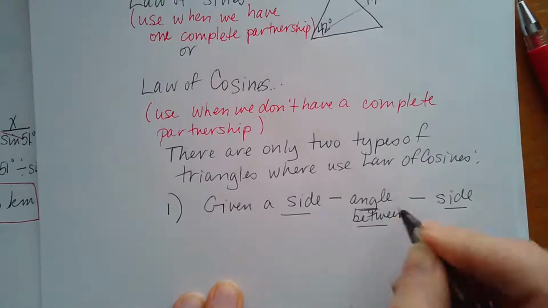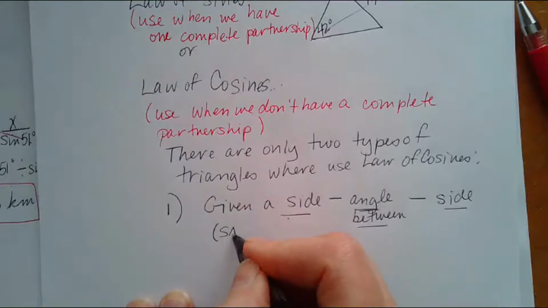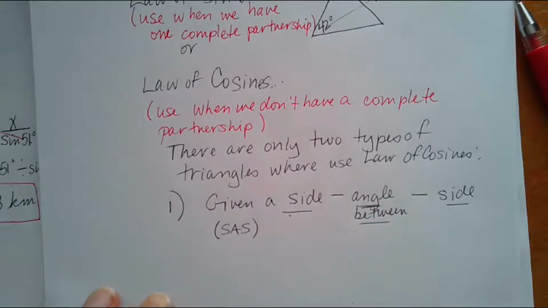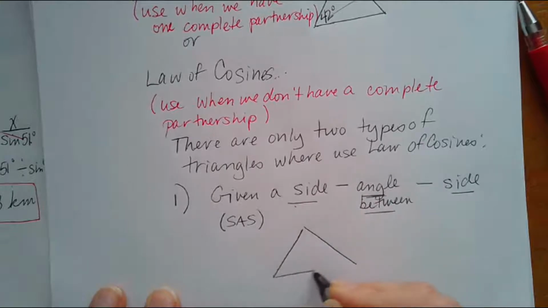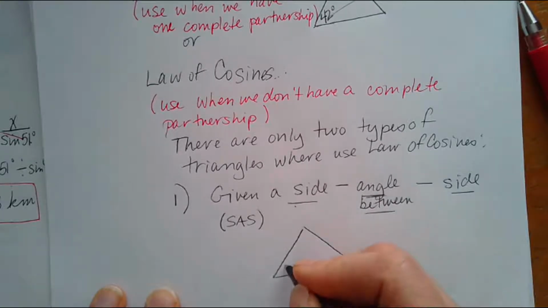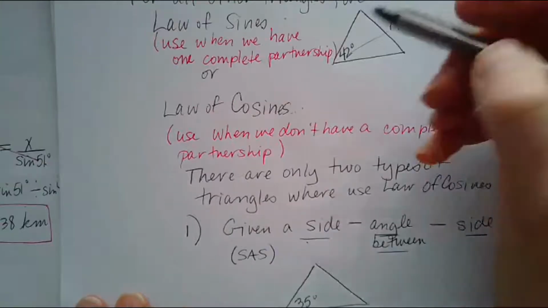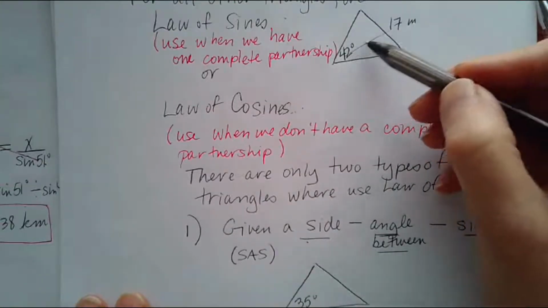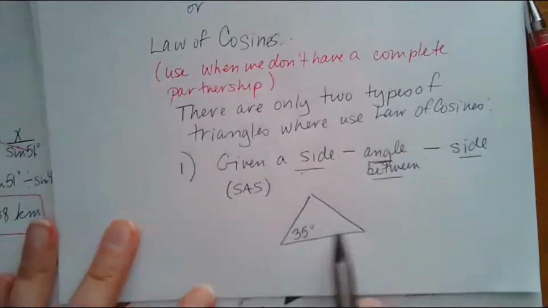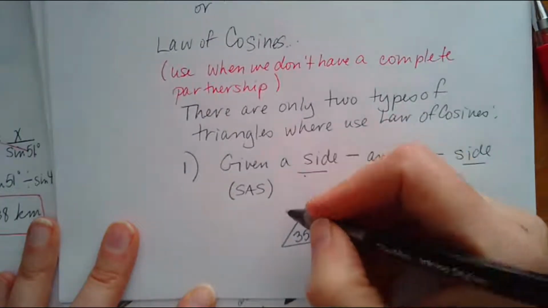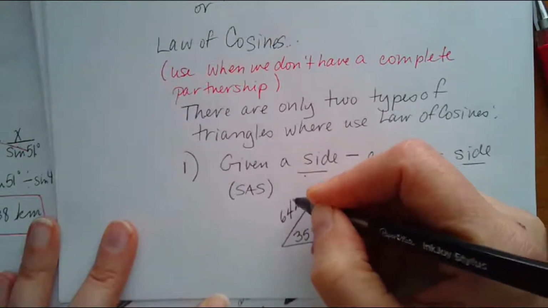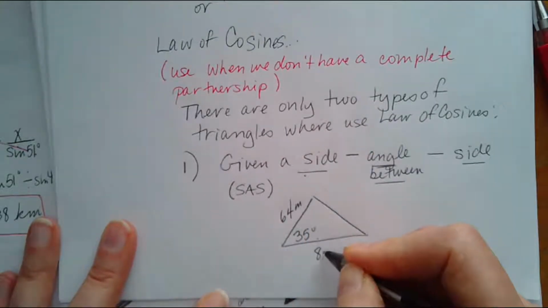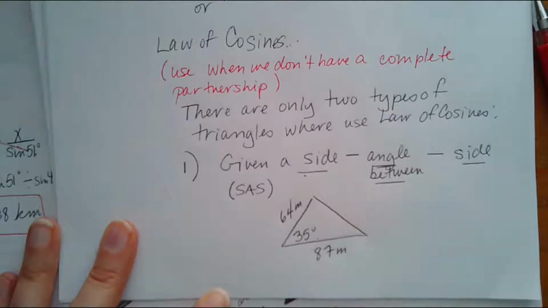You can see this, they're called SAS triangles, side angle side, and this is what they look like. So if I have like 35 degrees, notice this triangle up here, our law of sines, we had the partner, right? For cosines, you never get a partner. So you're given like this side, 64 meters, and then this side, 87 meters, okay?